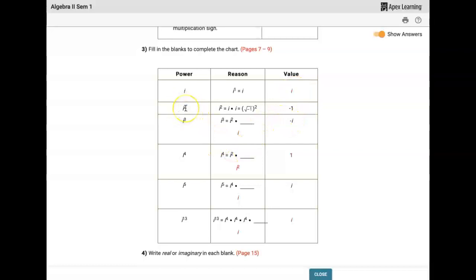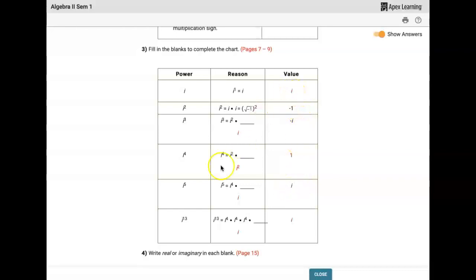But if I have i squared, it's like saying the square root of -1 squared, so that cancels out and I have -1. i cubed is -i, i to the 4th is 1. And then, like we said, the pattern repeats, so the 5th one starts back up with i.